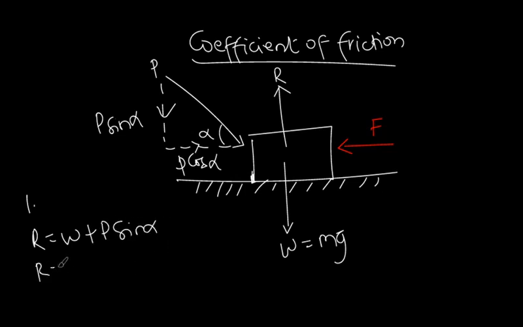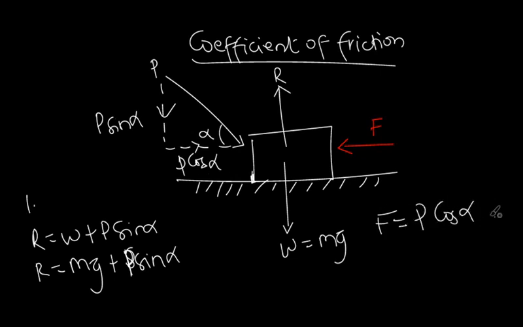And in place of the W we have mass times gravity, plus P sine alpha. In this case, the only horizontal force we have over here is the force coming in this direction, which is opposing the frictional force. So we have frictional force equal to P cos alpha. Let me make this equation 1 and this as equation 2.